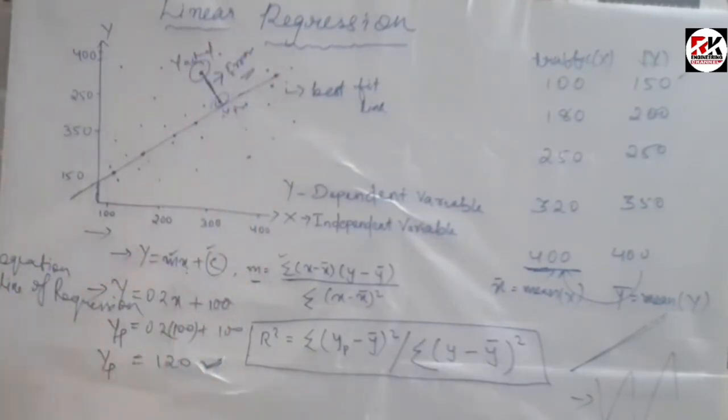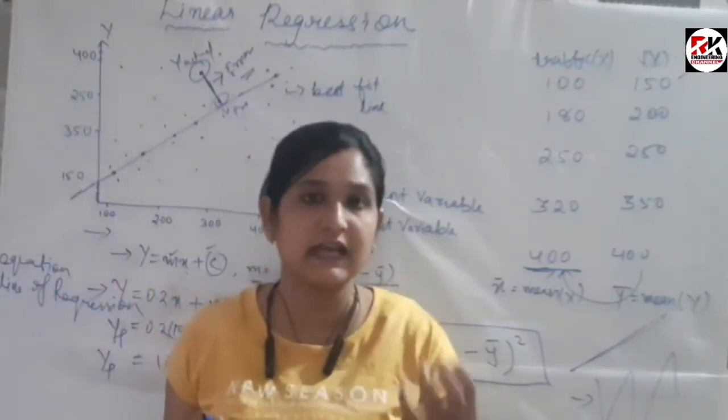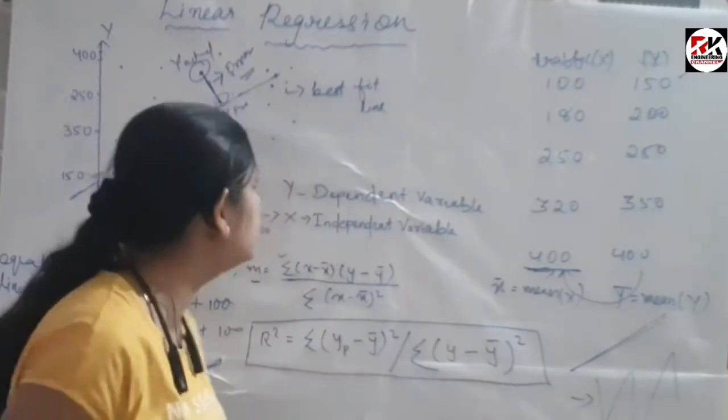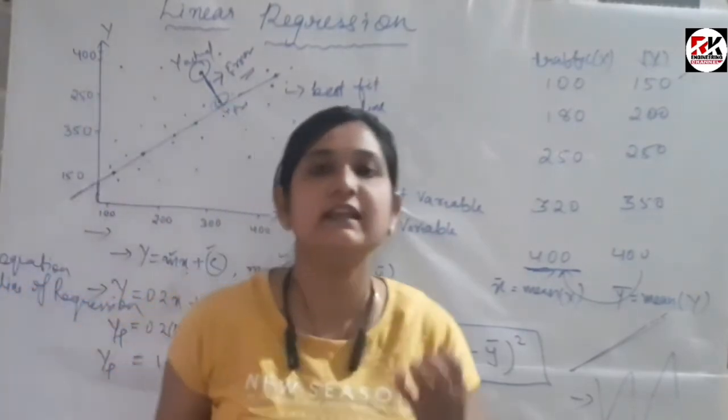There is a difference between my actual value and the predicted value. This is the way in which we get the error.